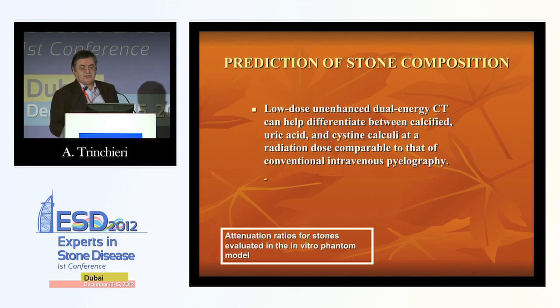And this information can also be obtained with low-dose unenhanced computed tomography, as is shown in this picture that is related to an experimental study in an in vitro phantom model.